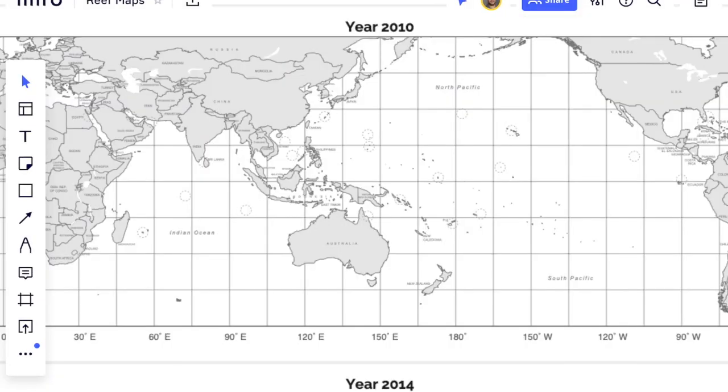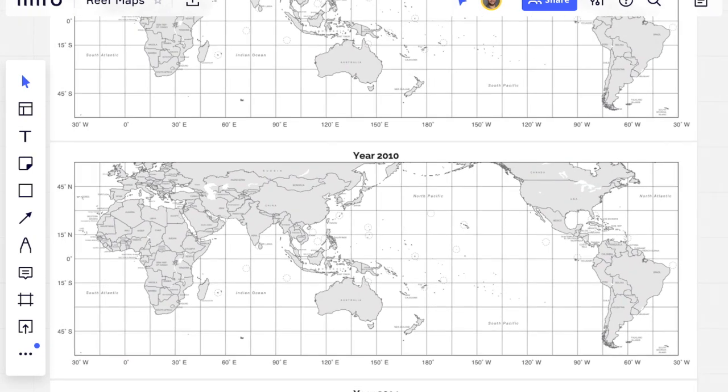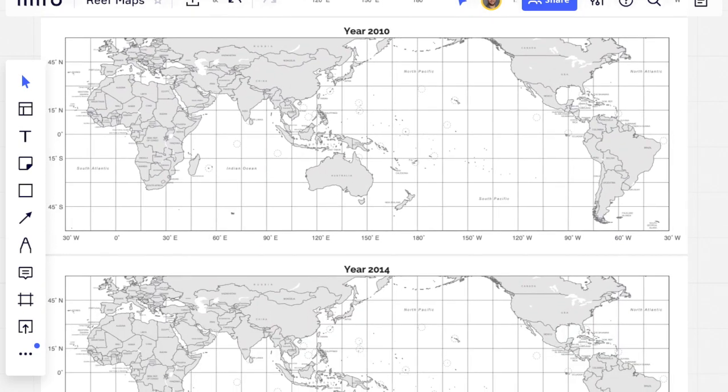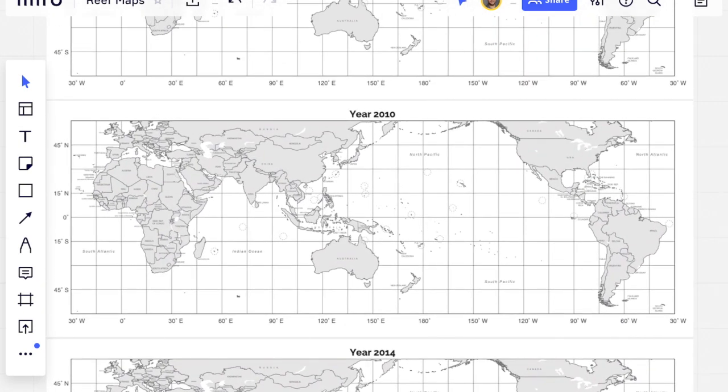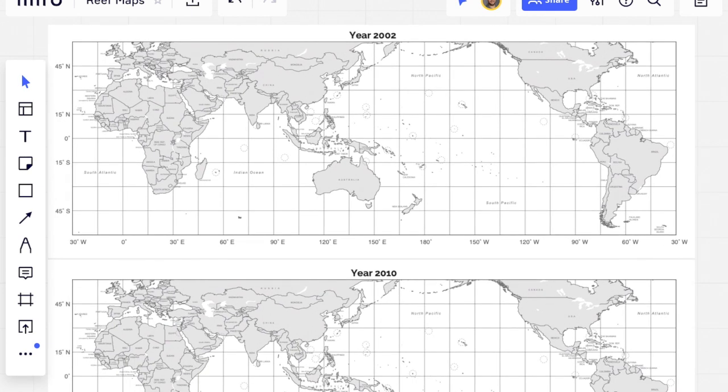Okay, and so it's going to take you to this interactive whiteboard, and what we're going to see here is maps of the world from year 2002 and 2010 and 2014. And you'll see that all the locations are kind of pre-marked there. They're little dashed circles. So it should make finding your location pretty easy.